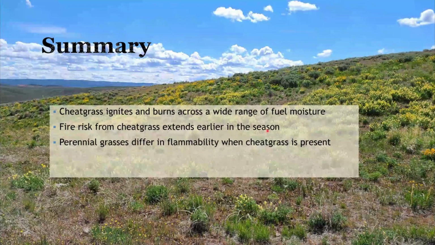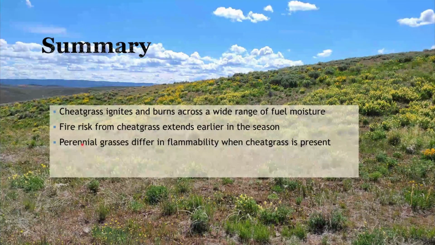So what I was hoping is that we would be able to define what that risk from fire is during the season, and that we would be able to say, at this part of the season, we're not at risk of fire, but I think that that's going to be a much broader time span than what I had previously hoped.